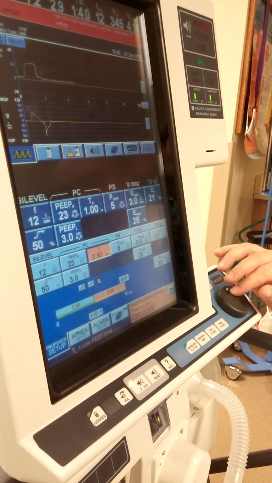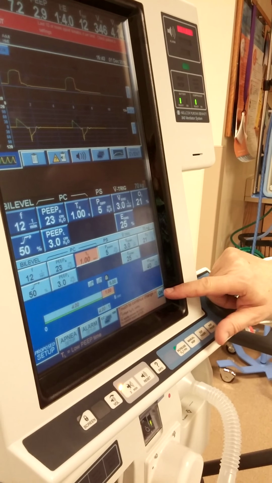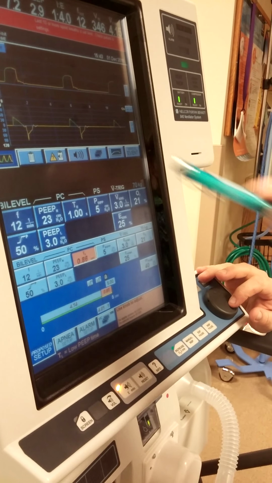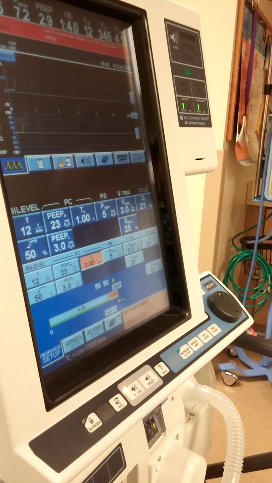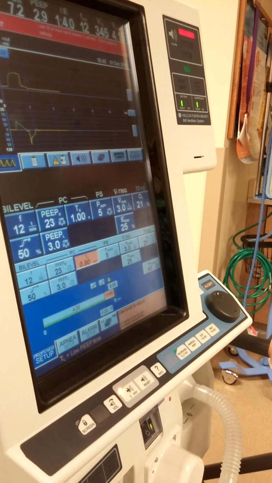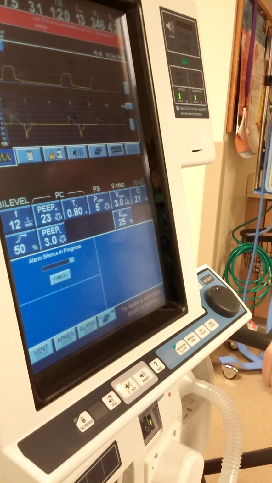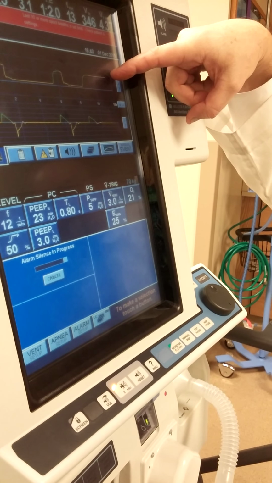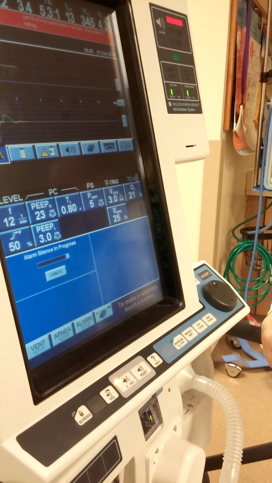But I'm going to make it a very short amount of time, because we don't want them breathing at that low level. By definition, APRV does not allow spontaneous ventilations at the low pressure, only at the high. So if I look at my graphic, I'm going to see a prolonged period at the upper level and a very short release time.